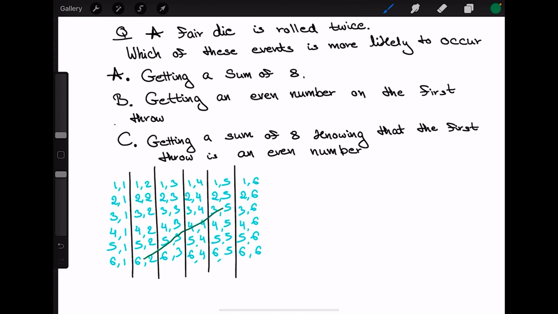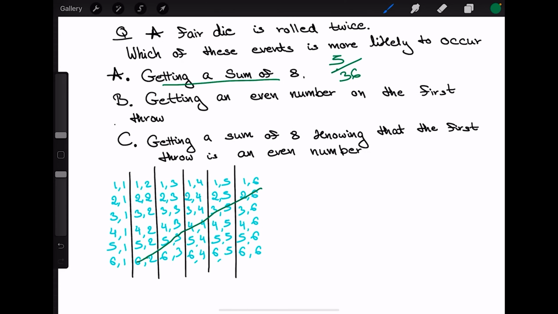This is your sample space for getting a sum of 8. So you have 5 possible events that will give you 5, divided by the total number, which in this case is 36. This is the probability of getting a sum of 8.